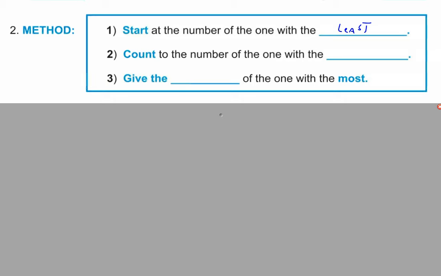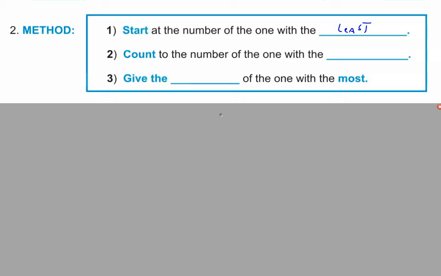All right. So, although the value definitely is not the same, is it? Right? I'm not talking value. I'm talking amounts. So if I have 4 negatives and 2 positives, which one is the one with the least? The 2 positives, because 2 is less than 4. Got it? So you start at the one with the least. The amount with the least.